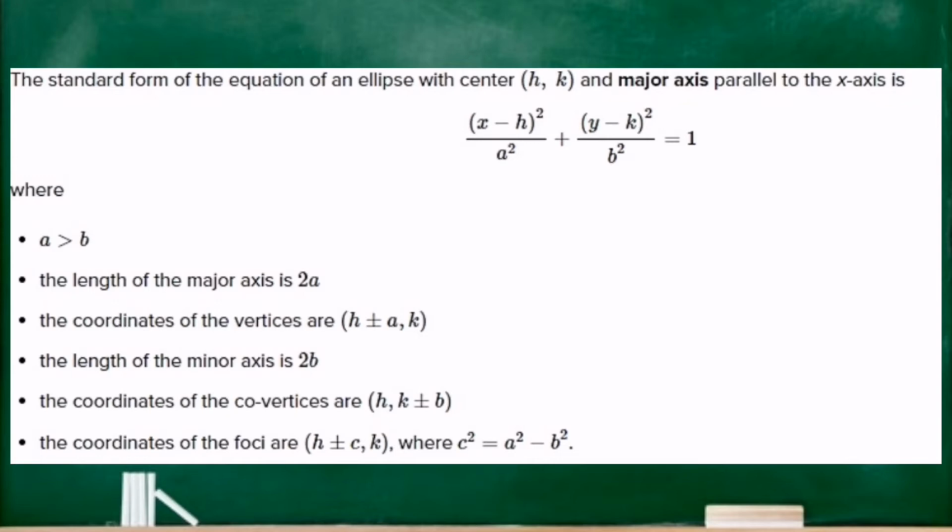The length of the major axis is always 2a, while the length of the minor axis is always 2b. The coordinates of the vertices are (h ± a, k), then the coordinates of the co-vertices are (h, k ± b). The coordinates of the foci are (h ± c, k), where c squared equals a squared minus b squared.